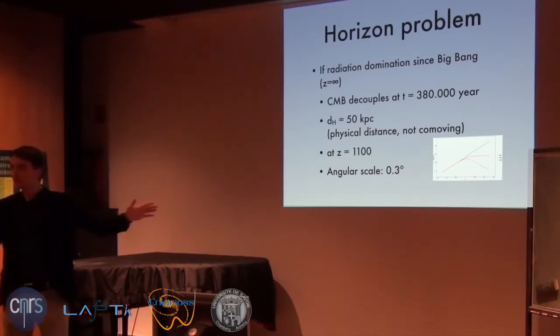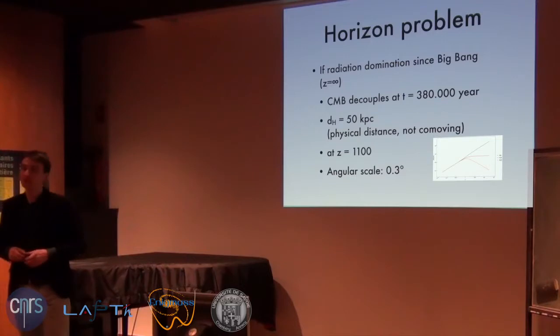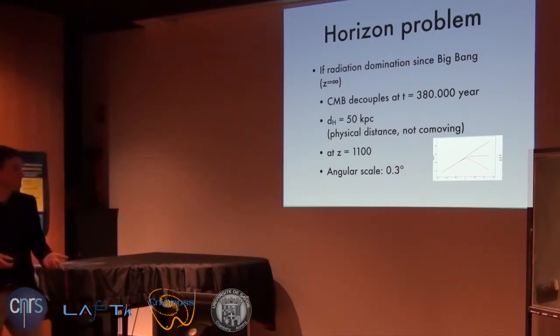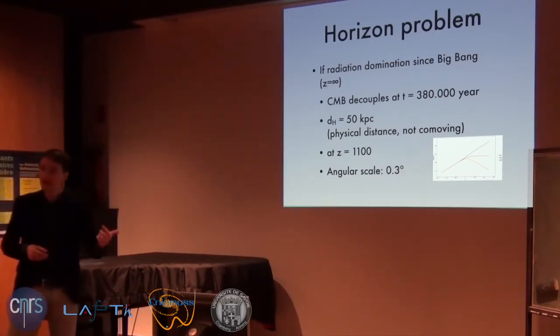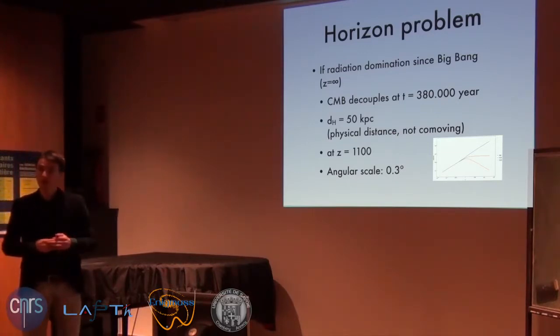We see a cosmic microwave background with perturbations of much larger scales than a degree. And these perturbations are such that the most likely explanation is that it comes from a correlated field with correlations on scales larger than the angular scale of a few degrees that we're looking at.